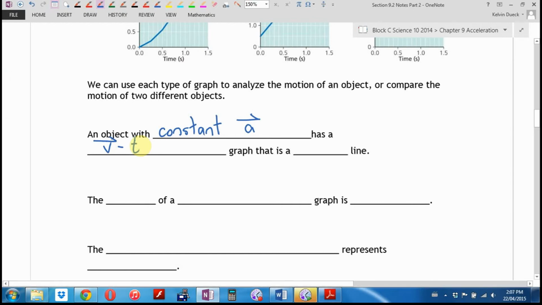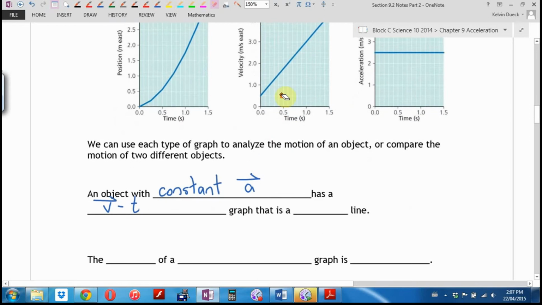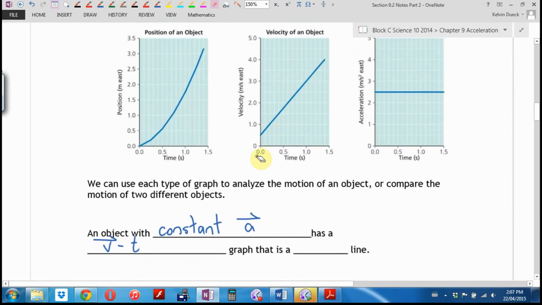Can I write that instead of writing out the word velocity versus time? Okay. Here is an object that has a constant acceleration because the acceleration is horizontal. What can you tell me about the velocity versus time graph? It has a velocity versus time graph that is a blank line. Straight, but not flat.